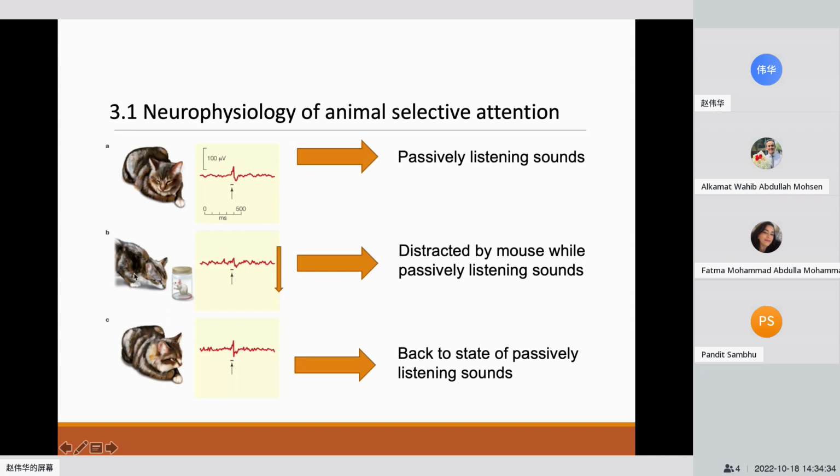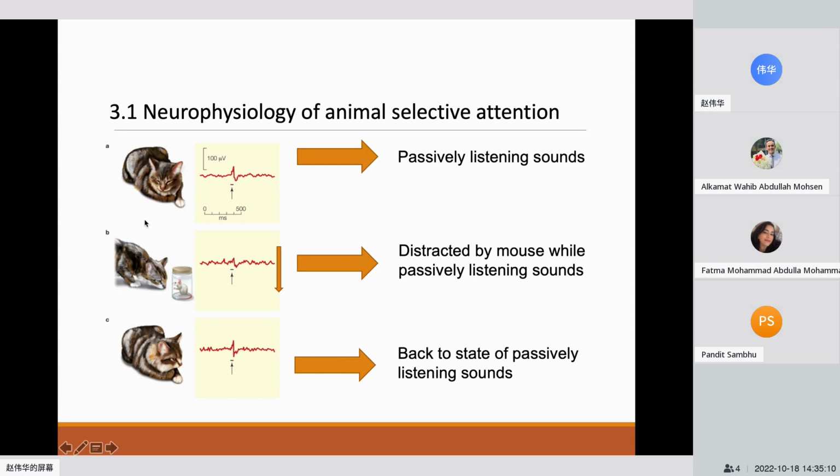The second one is while the animal sits around or is attracted away from the sound that it is hearing to visual objects of interest. Here it's a mouse in a jar. And the third one is figure C. The animal, the cat, is once again resting and passively hearing the sounds.